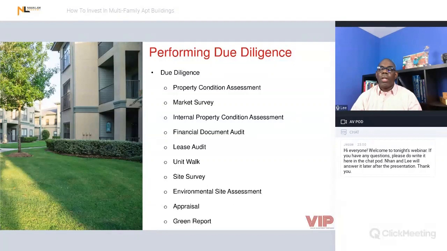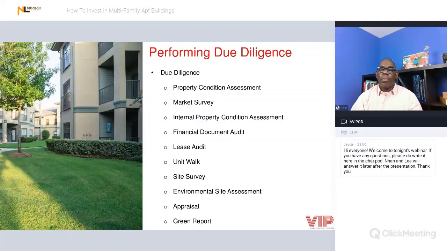But you still have the opportunity to walk away from the deal should it not pencil out, or the expenses and things of that sort aren't what you were looking for. But one of the things that you have to do when you're doing your due diligence is you have to have a property condition assessment, right?